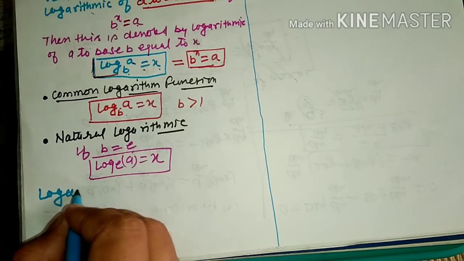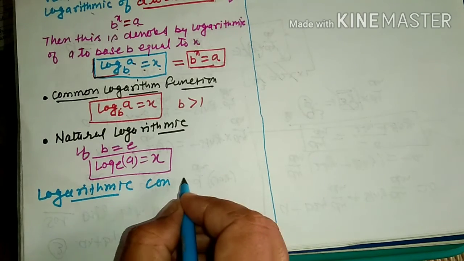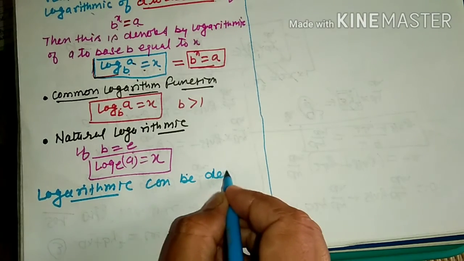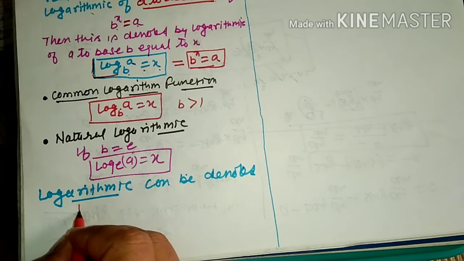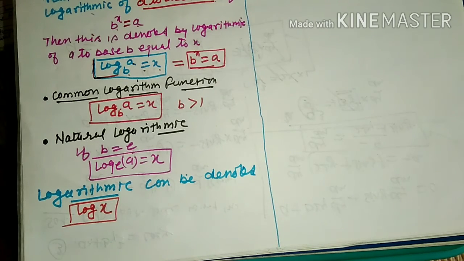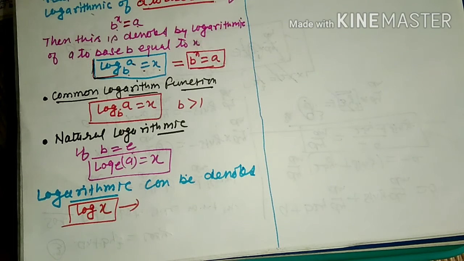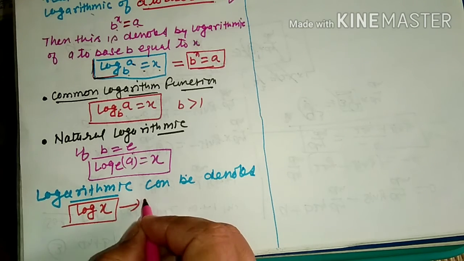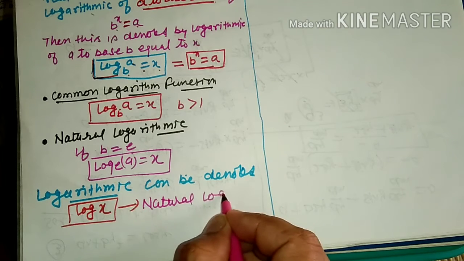Logarithm can be denoted as log x. If this type of log is written, it means it is natural log. सिर्फ अगर log x लिखा है, it means it is natural log.